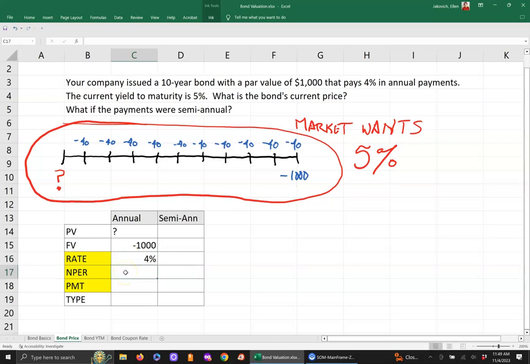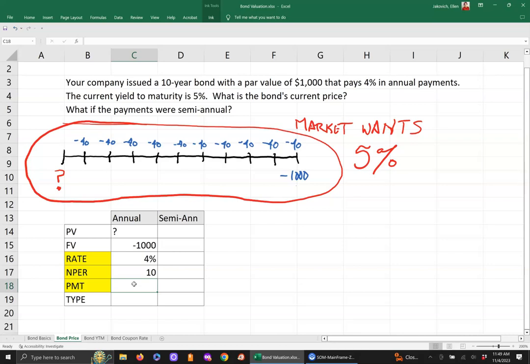Number of periods, annual periods is 10. Not number of payments, just payment is 4%, and we don't put 4% there. It's got to be a dollar figure. Payment, whether it's an annuity or a bond, is always a dollar figure, not a percent.